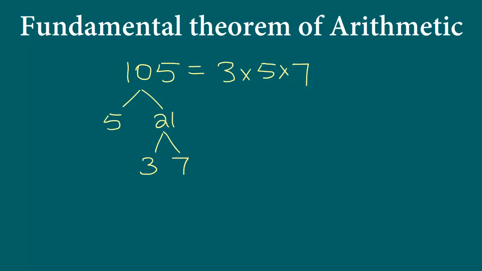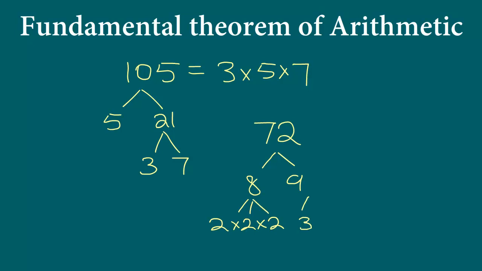Let's take a look at something simple like 72. We know 72 is 8 times 9, and 8 is basically 2 times 2 times 2, right? And similarly 9 is basically 3 times 3. So here we have 72, which is written as 2 cubed times 3 squared.